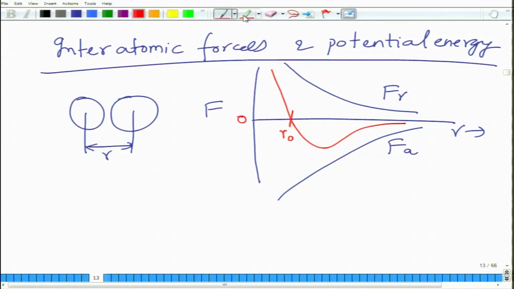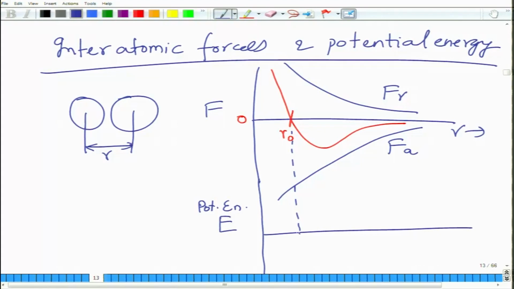Correspondingly, you can plot the potential energy E. This potential energy at this particular point should be minimum, right.